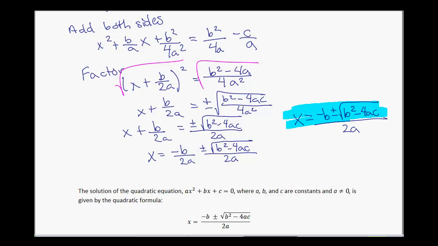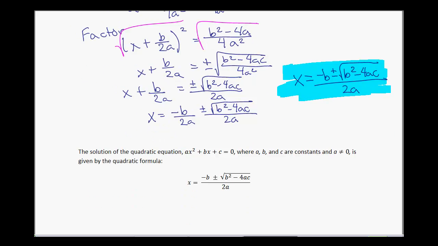That is our final answer and our solution to the quadratic equation. So the solution of the quadratic equation ax squared plus bx plus c equals 0, where a, b, and c are constants and a cannot equal 0, is given by the quadratic formula: x equals negative b plus or minus the square root of b squared minus 4ac all divided by 2a.